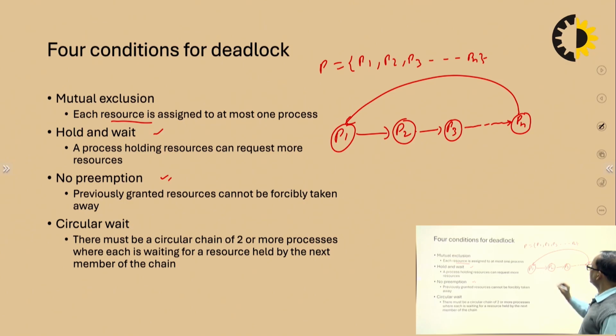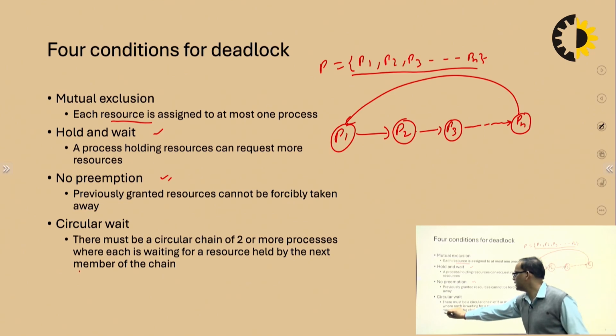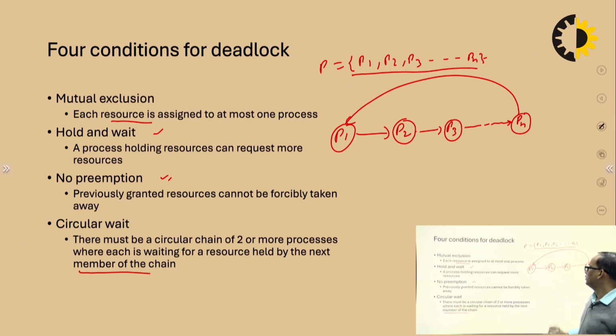So there is a set of processes P1, P2, P3 up to Pn, and here a chain is forming. Process P1 is waiting for a resource held by its next process, P2. P2 is waiting for a resource held by its next process, P3. In the same way, P3 is waiting for a resource held by process P4, and so on.